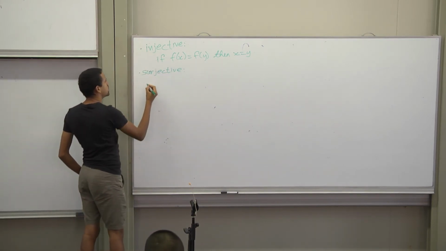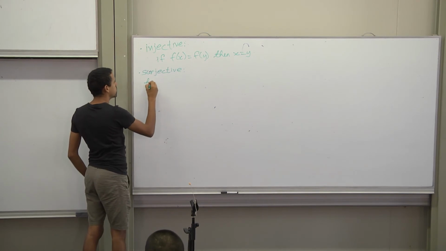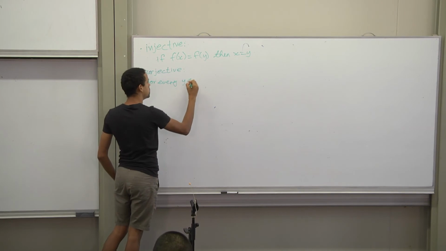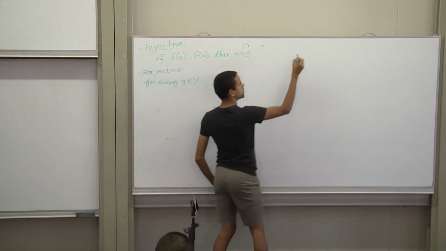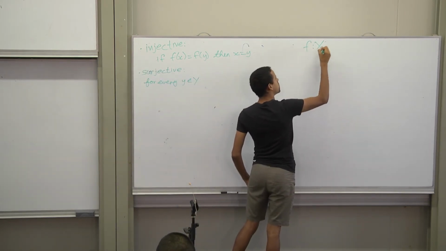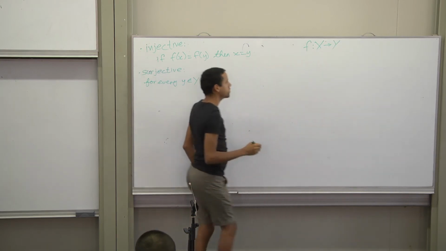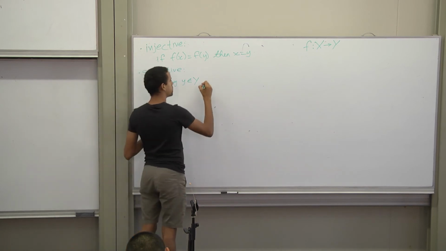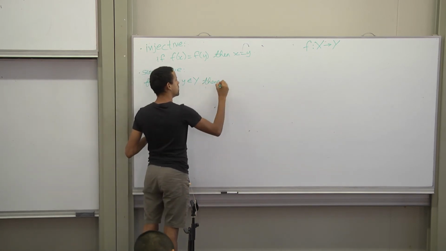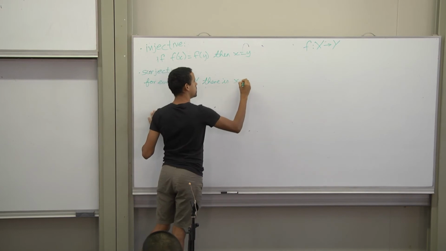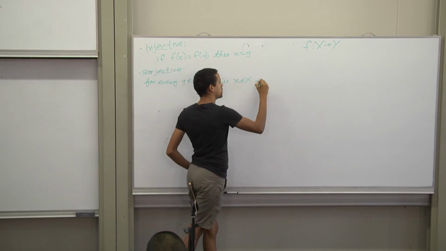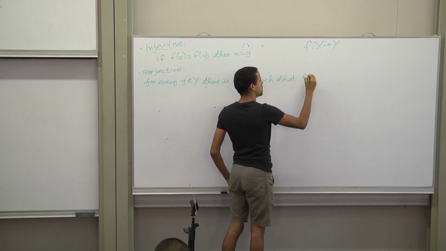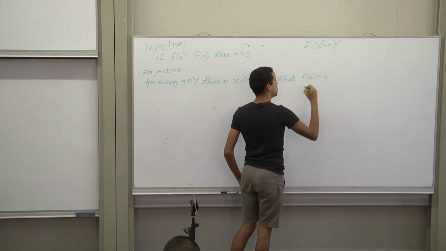Surjectivity means that for every y in your codomain, so let's say we're dealing with f from X to Y, there is some x in your domain such that f of x is equal to y.